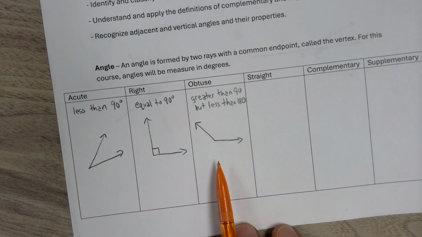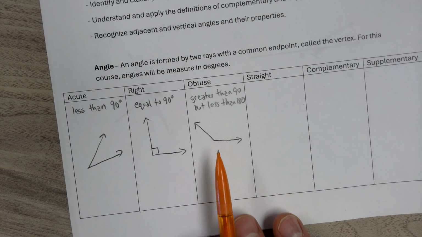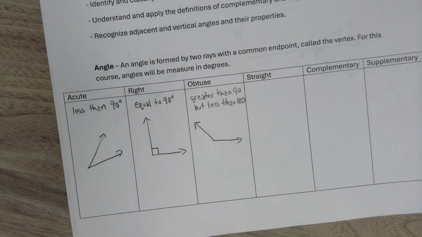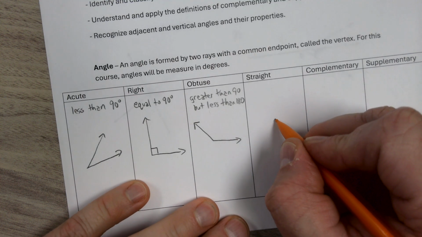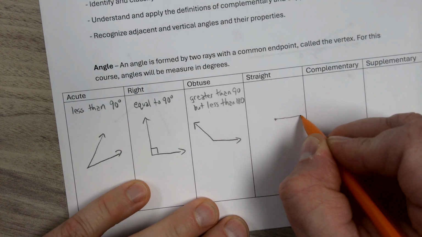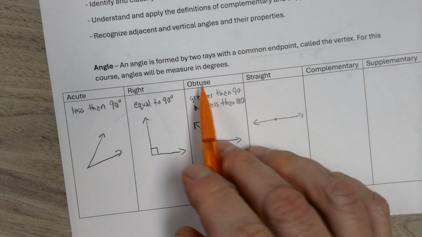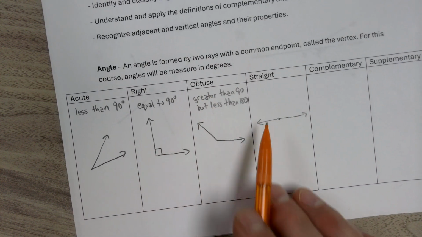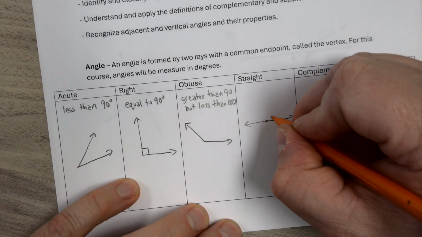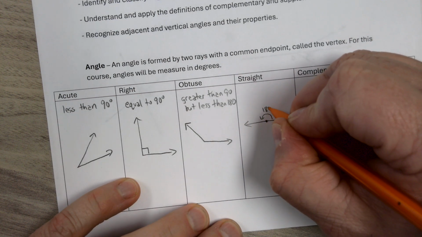So these obtuse angles will be in between 90 and 180 degrees. Now a straight angle is 180 degrees. So you could say an obtuse angle is in between a right and a straight angle. So this is going to be 180 degrees.